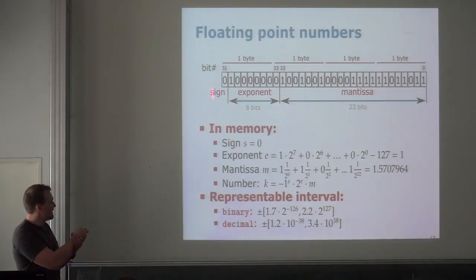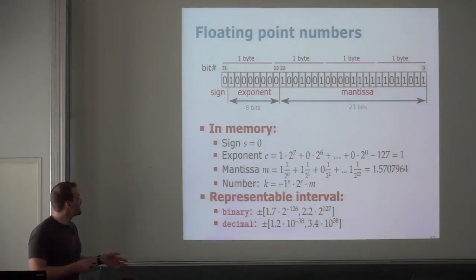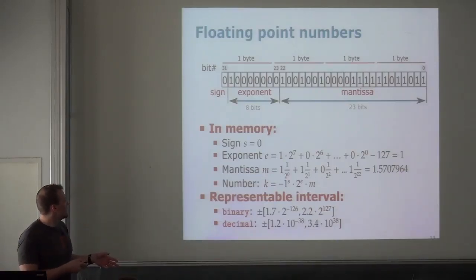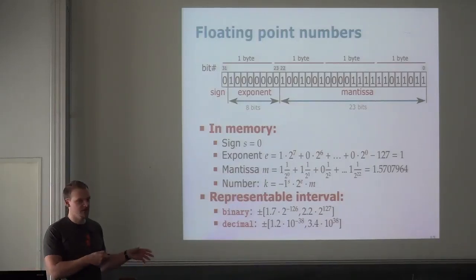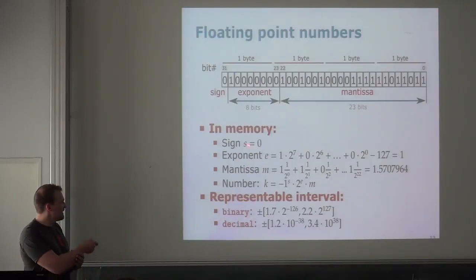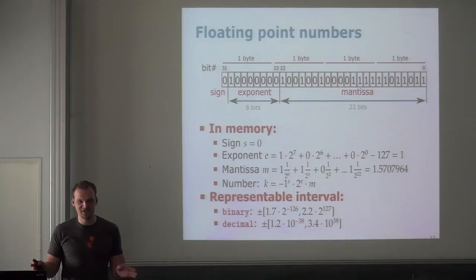Well, first of all, you look at the sign. Sign is really simple. It's either 1 or 0. If it's 0, it means it's a plus, I guess. Let me check. Yeah, it's a plus. If it's a 1, it's a minus, and we're going to come to that. Then the exponent is computed in exactly the same way as an integer, but minus 127. It's just the way it's defined.